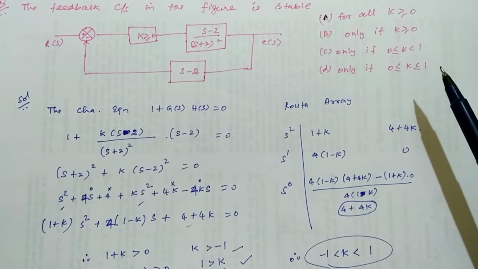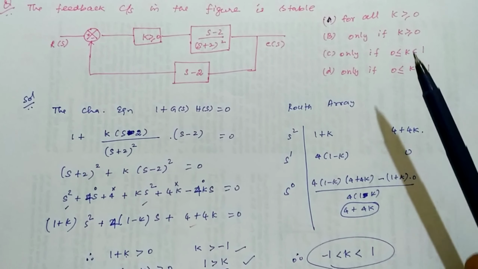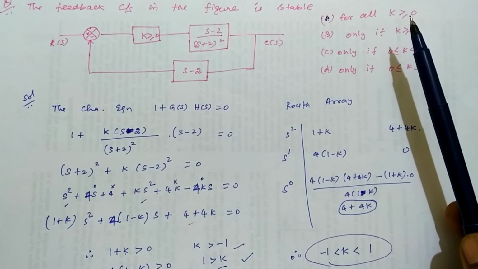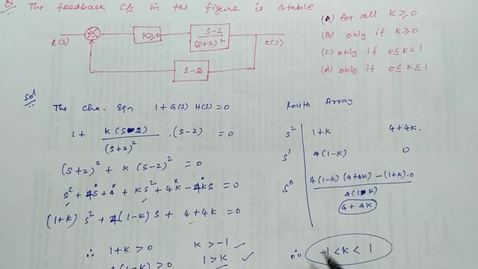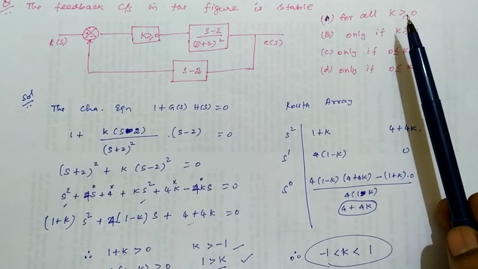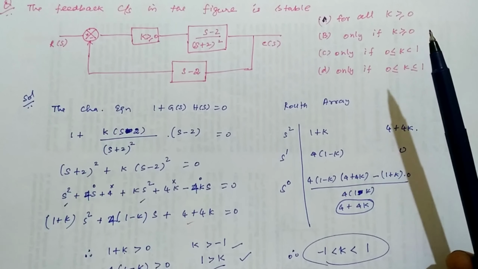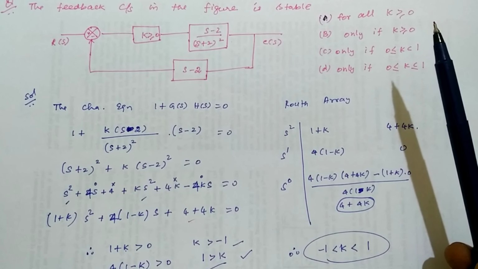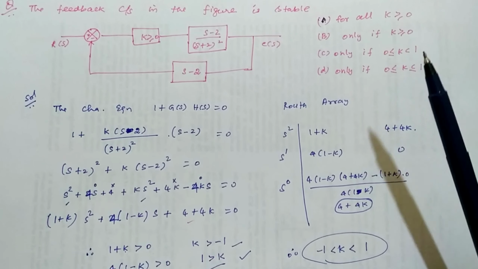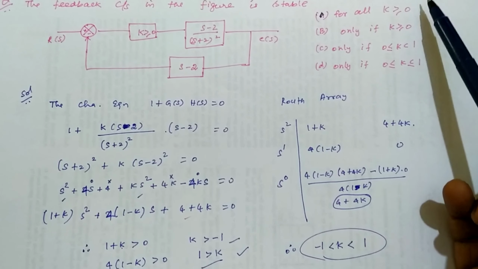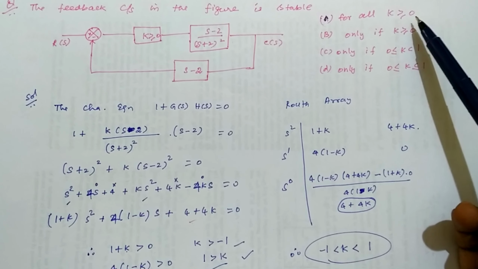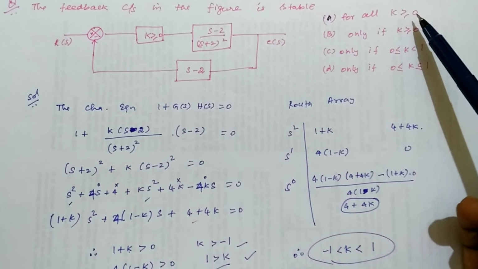Now we have to select the optimum one. Suppose we have the first case where k is greater than or equal to 0, but this is not the case. We have to include minus 1 also, but here there is no minus 1. This case is valid for all values of k greater than 0, even infinity is valid.